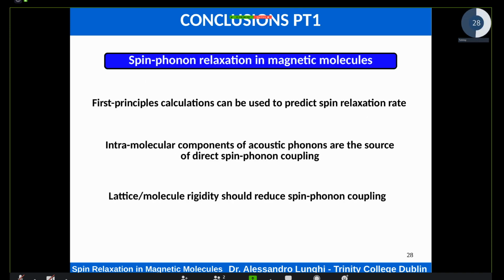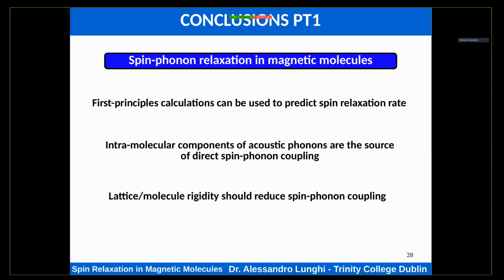So let's summarize this first part. We've seen that first principle calculations can be used to predict spin relaxation rate. We have learned that acoustic phonons are not pure translation movements of the molecule inside the crystal, but they also contain intramolecular components, which is exactly what gives you a final value for the spin-phonon coupling coefficients.